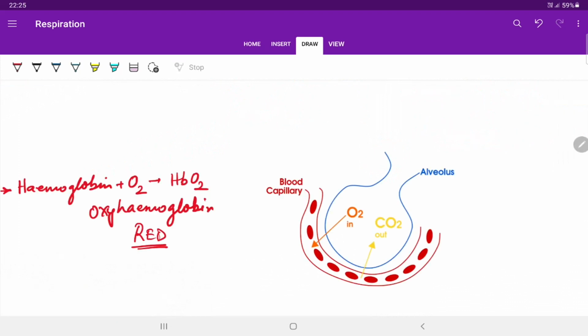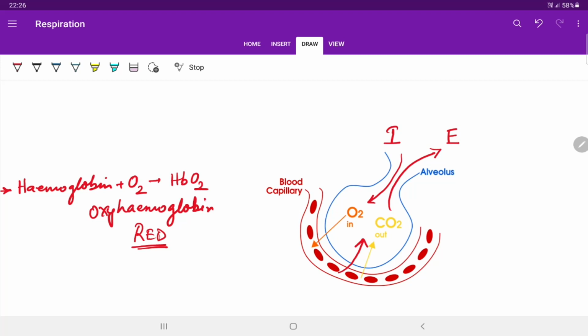Another simple representation shows oxygen from the atmospheric air entering the alveolar sac. Oxygen is absorbed into the blood capillaries, and carbon dioxide, which is high in concentration in the blood capillaries coming from the tissues, is given out of the blood into the alveolar sac and expelled out. So, this process is called inhalation, represented by I, and the other process is called exhalation.